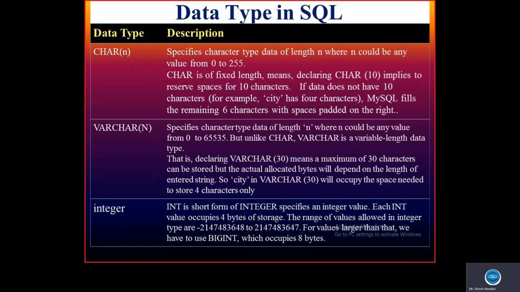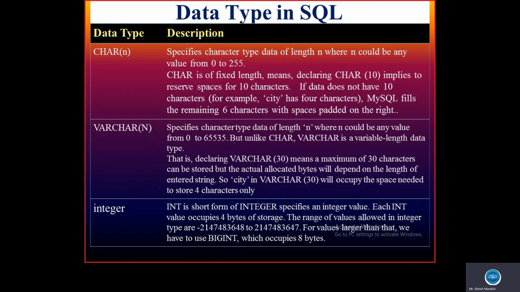Now in SQL, what are the categories of data type? First one, CHARACTER(n). N is an indicator; you can mention the size for the data type character. It specifies character type data of length n, where n could be any value from 0 to 255. Character is a fixed length type.